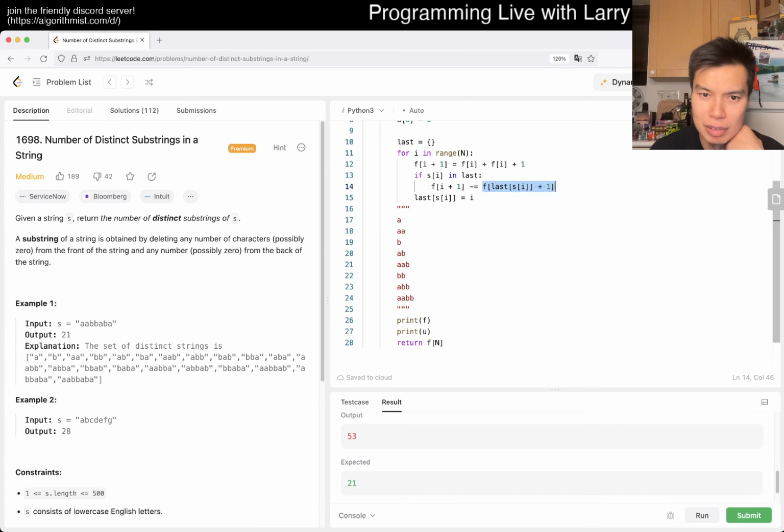Because this count includes all the stuff that does not end with B. What am I missing? I tried the uniqueness part, but I don't know that that's quite right either.